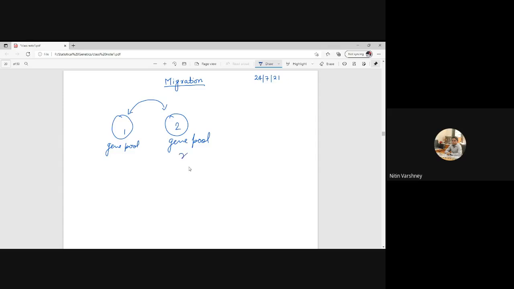Suppose this is a recipient population and this is the donor population. Some genes will transfer from the donor population to the recipient population, or vice versa. It can be from both sides also.